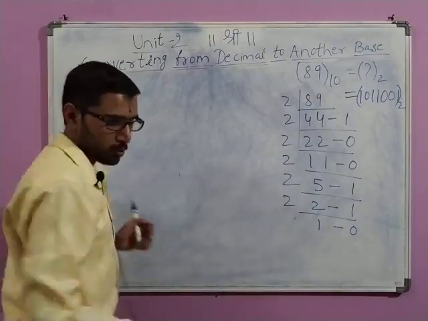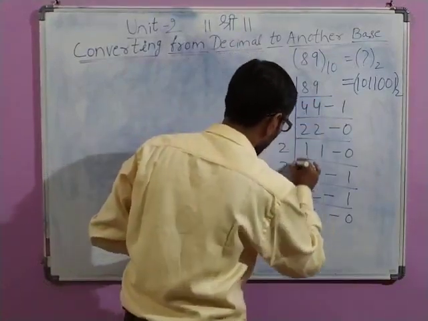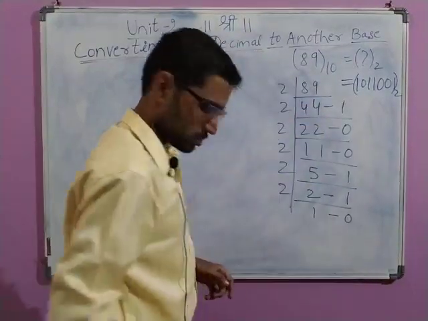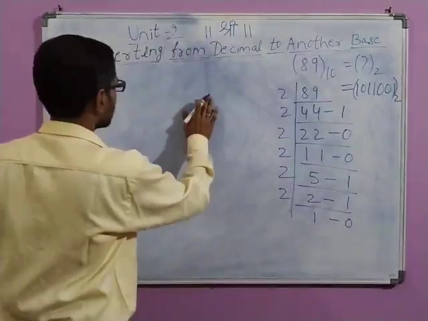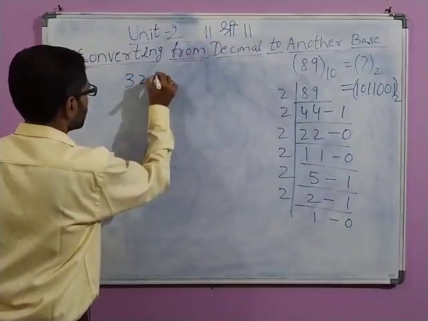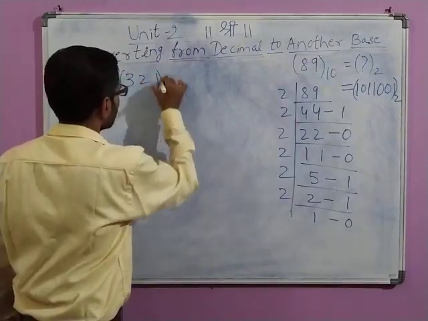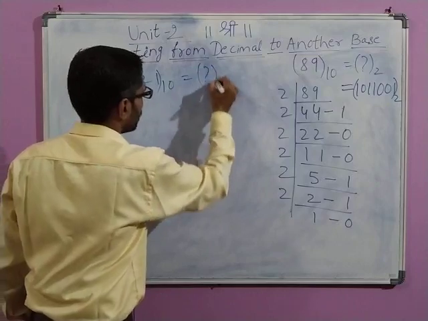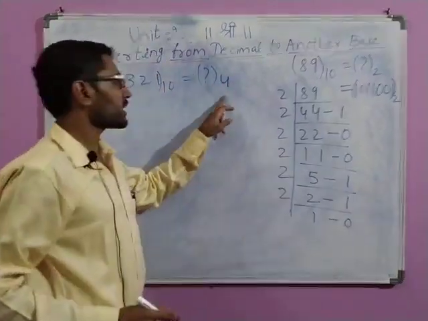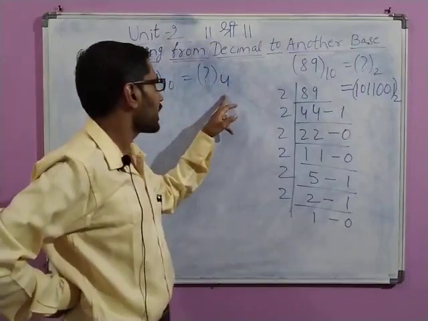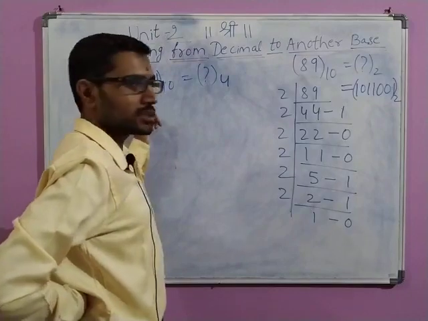Note down all these problems in your notebook and try to practice more problems. Fine. Now we'll take a number 321 to the base 10, question mark to the base 4. So in this case, what is the base? Required base is 4 and the given base is 10.